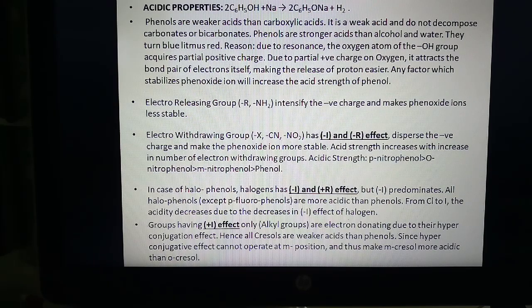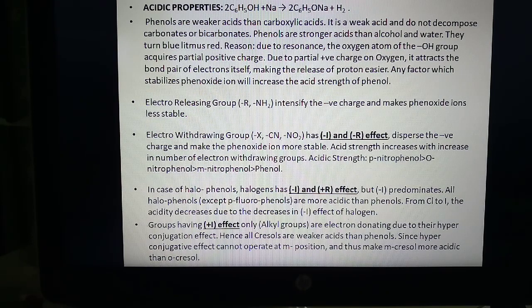So it attracts the bond pair of electrons, making the release of the proton easier. Hydrogen loses its electron because oxygen pulls it towards itself, and hydrogen can be removed. Any factor which stabilizes the phenoxide ion will increase the acid strength of phenol.